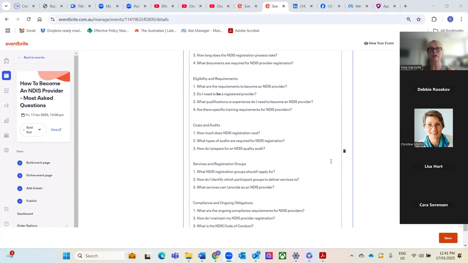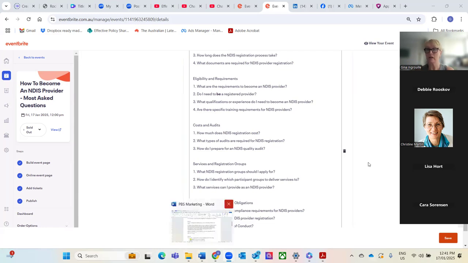So there's that component, and then there's your audit component. My experience is a new provisional provider with a core module is probably looking at around 4,000 for their audit.